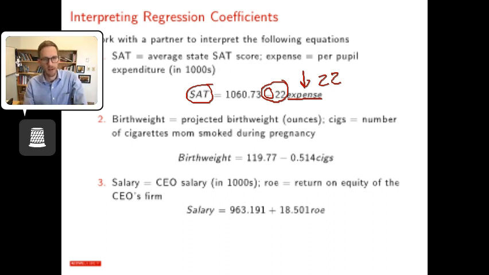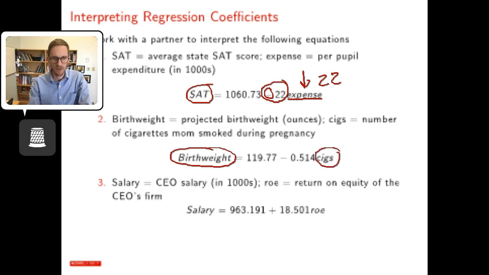Birth weight. So birth weight here, my DV, is predicted by the number of cigarettes that they smoked during pregnancy. This is tragic. If my mother didn't smoke any cigarettes, the average birth weight in this population, the United States, let's say, would be 119 ounces.